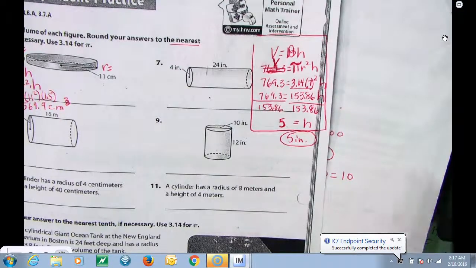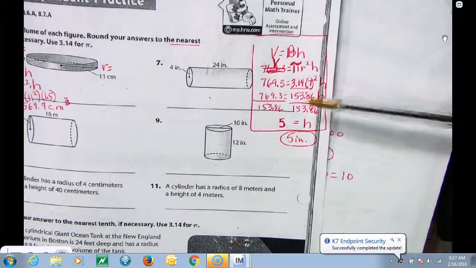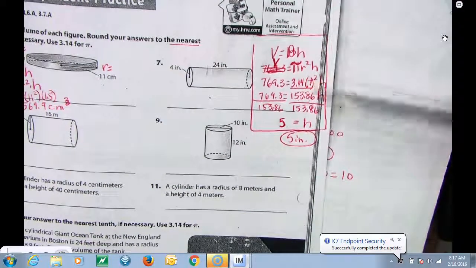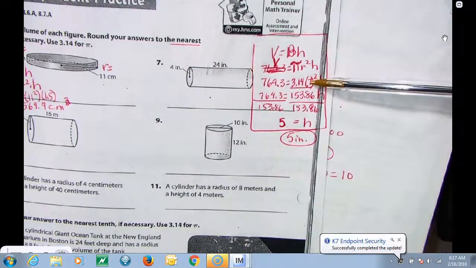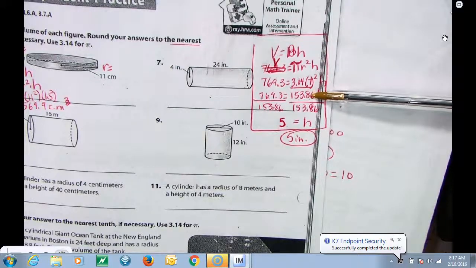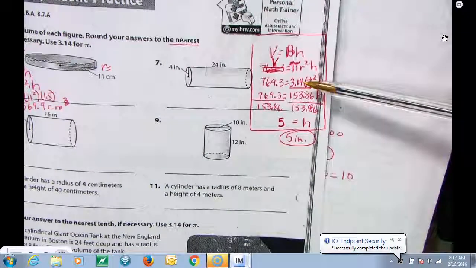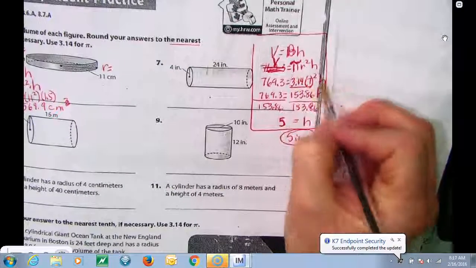Well, it's solving equations that we spent a whole 6 weeks on. Is all we're doing. So we're multiplying this times this times this. You see how they got 153.86? Huh? You just multiply 3.14 times 49. Guys, you're just doing what it says to do.